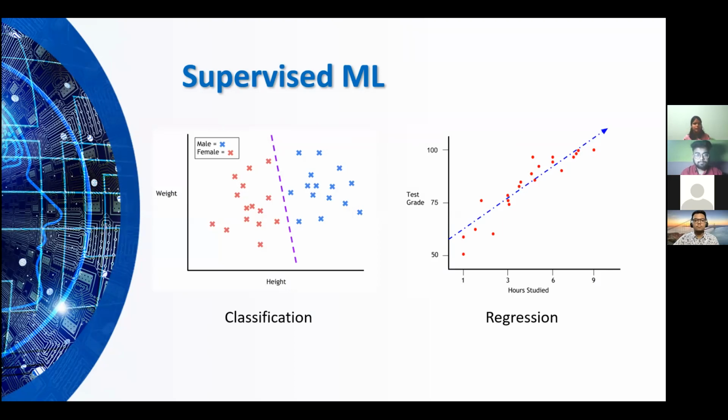So this is classification, whereas in regression we don't have these distinct classes. However, what we have is a continuous value. It doesn't necessarily have to be a class, but it can be a list of continuous values.